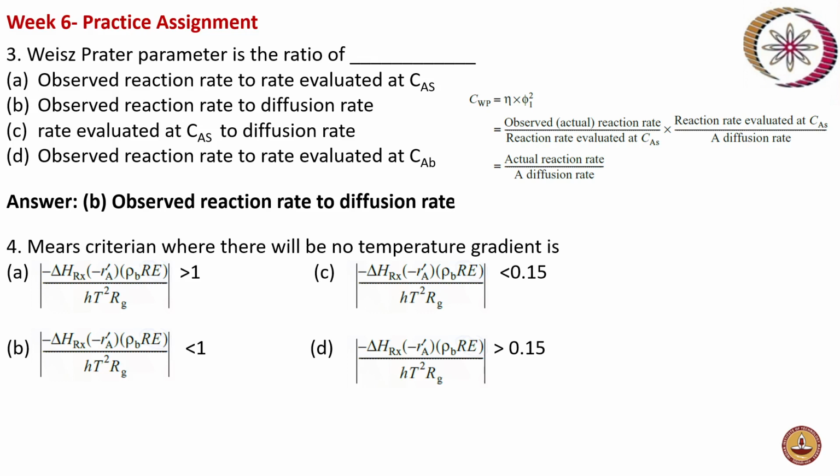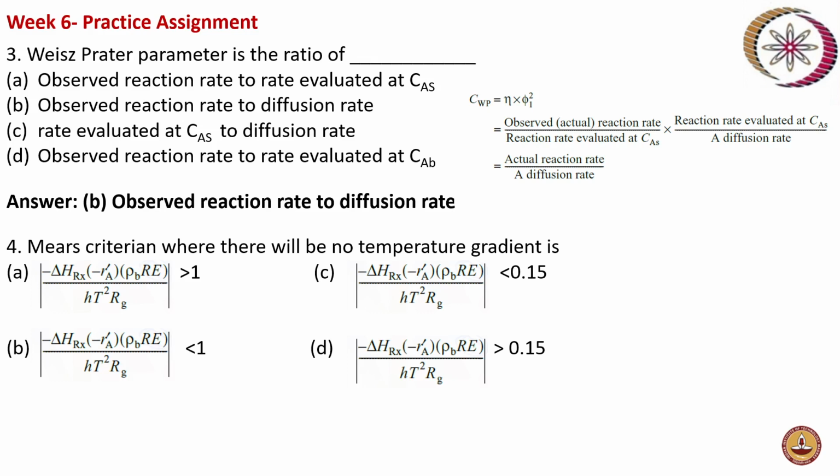Option A is given by modulus of heat of reaction into reaction rate into bulk density into the radius of the pellet into E, which is nothing but your activation energy, divided by heat transfer coefficient into square of temperature into your universal gas constant.